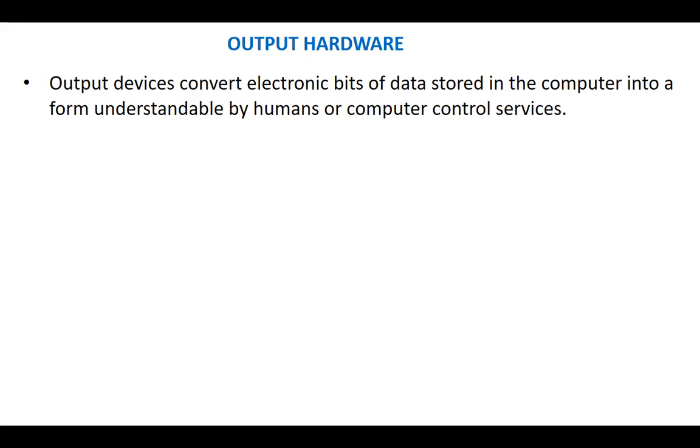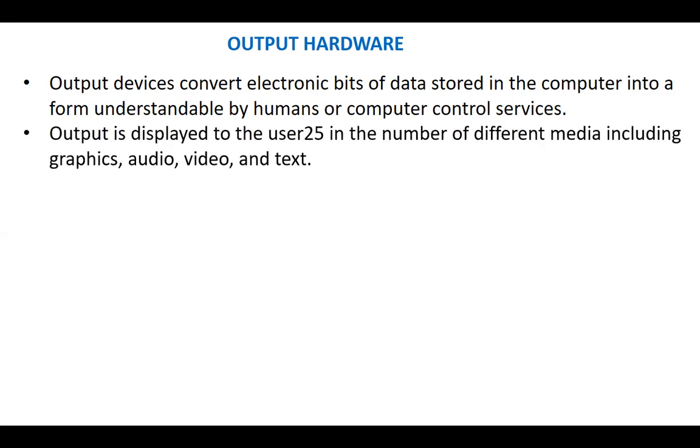So there has to be a device that will convert something that does not make sense to a human being into something that will make sense. This device is the one that we call the output hardware or the output device. So output devices convert electronic bits of data stored in the computer into a form understandable by humans and computer control services. Okay, so this is self-explanatory.